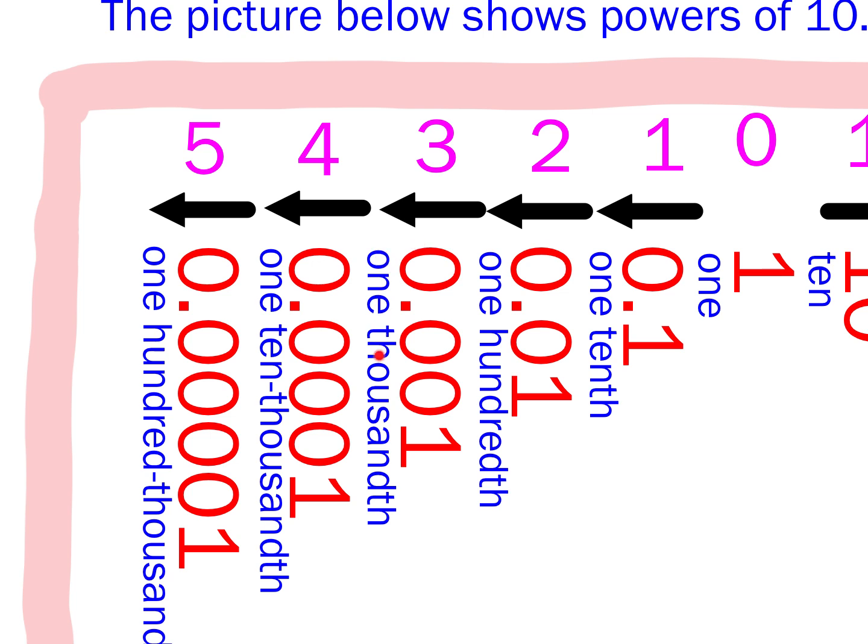If we're multiplying by 1,000th, we're going to move left 3. If we're multiplying by 1/10,000th, we're going to move left 4. And if we're multiplying by 100,000th, we're going to go left 5 decimal places.